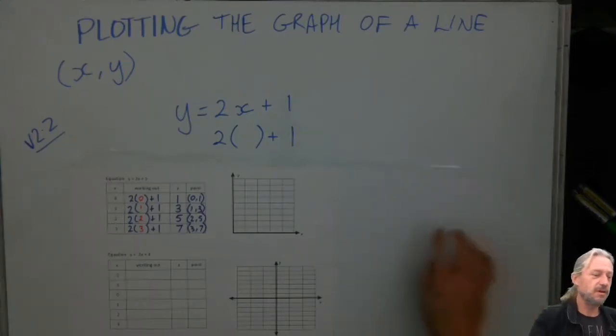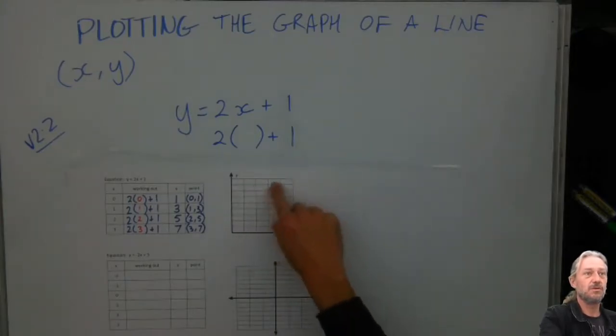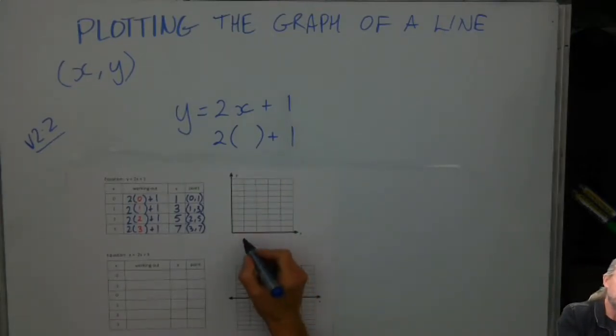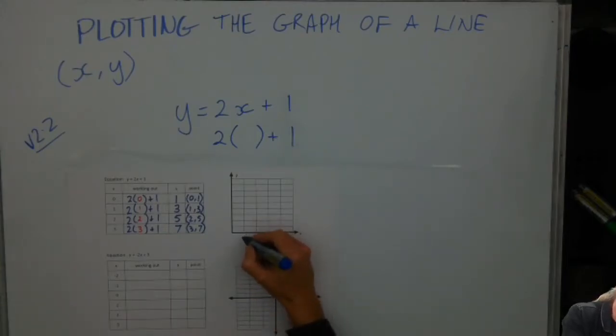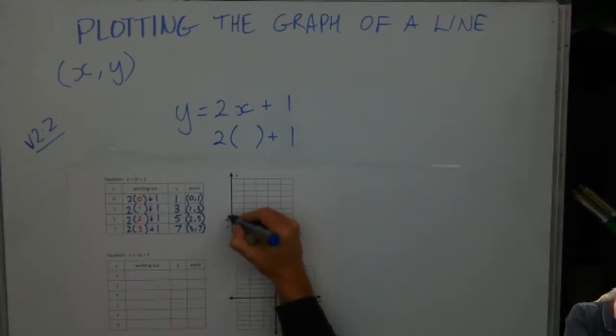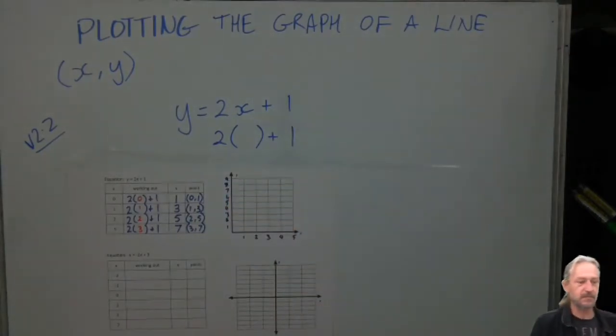So now we're going to plot these points onto this graph. Something that's really important to do is to number the scale. So 1, 2, 3, 2, 3, 4, 5, 6, 7, 8, 9.